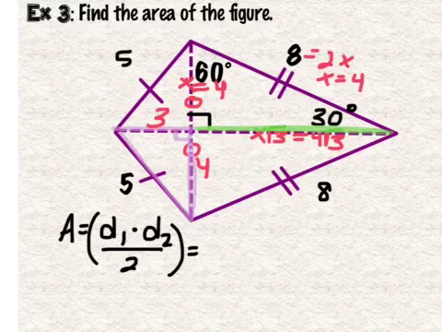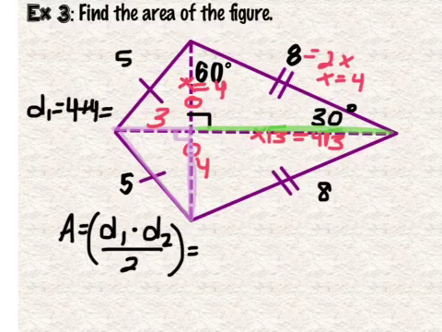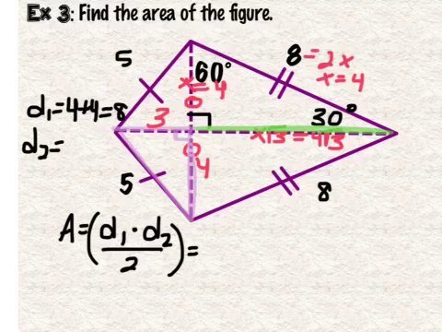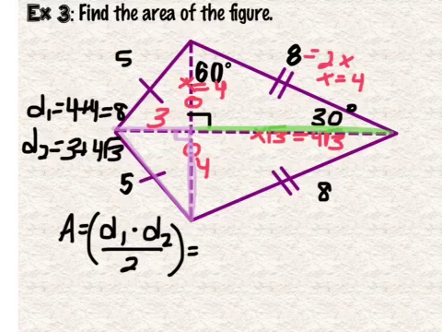Our first diagonal is a total of 4 plus 4, which gave us 8. Our second diagonal is 3 plus 4 root 3, which you cannot actually add 3 and 4 root 3 since they are not like terms.